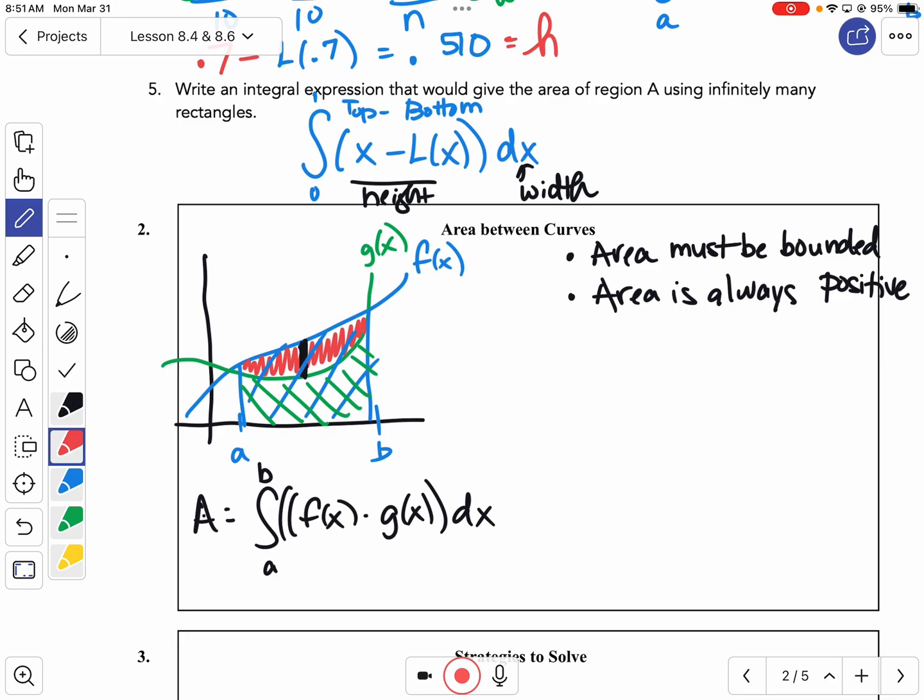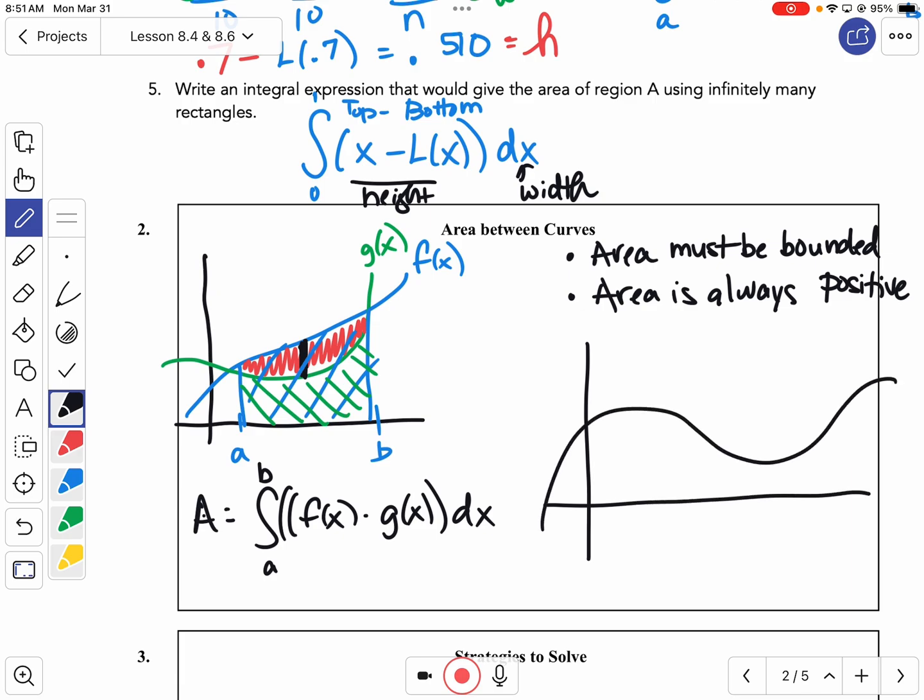Right? Now, it'd be nice if our functions always behaved so nicely, right? But sometimes they do things like this. Okay.